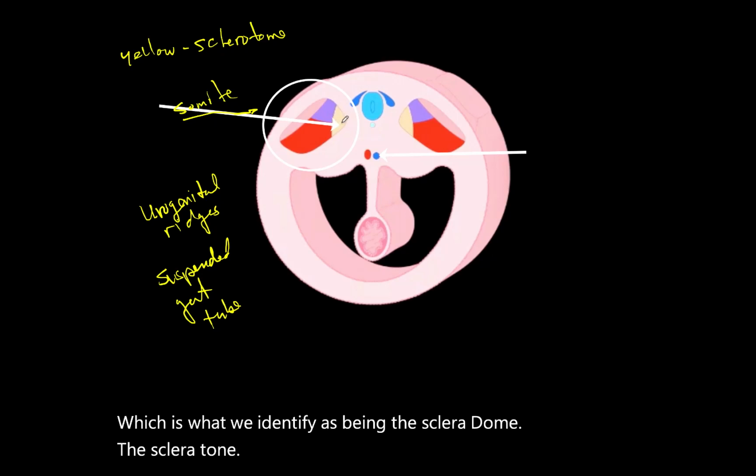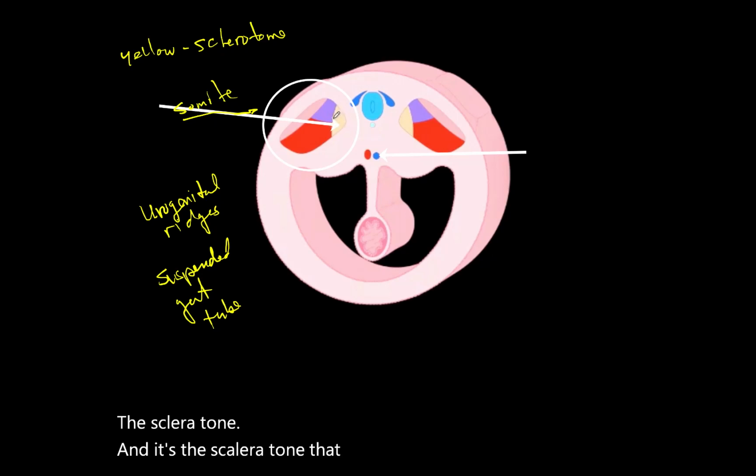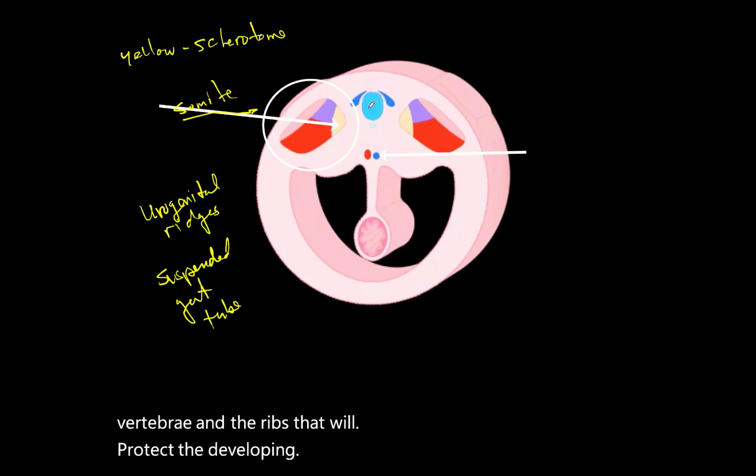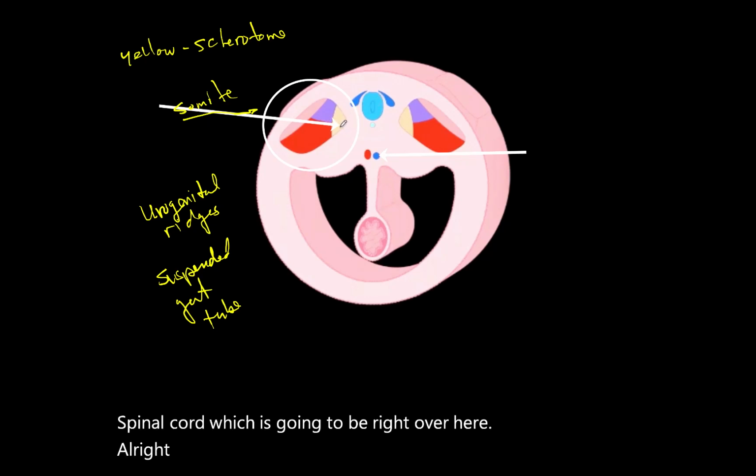And it's the sclerotome that will basically develop into the vertebrae and the ribs that will protect the developing spinal cord, which is going to be right over here.